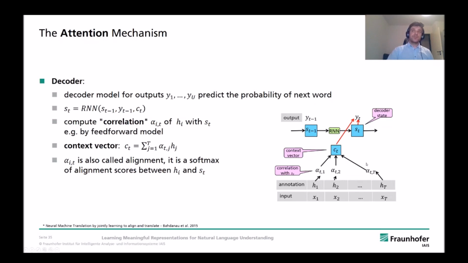However, if we calculate this correlation, we take the weighted hidden representations, weighted by their correlations, and sum them up, and we get a context vector which is tailored towards the current state of the decoder because of the similarity of the decoder state to the hidden representations. And we can also use this context vector in our decoder to produce better outputs.